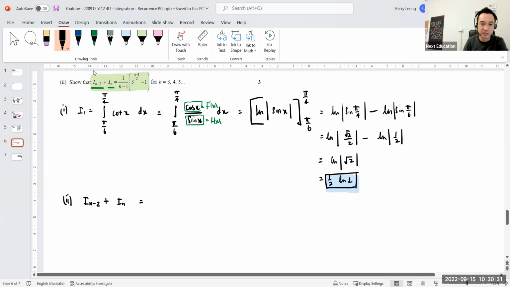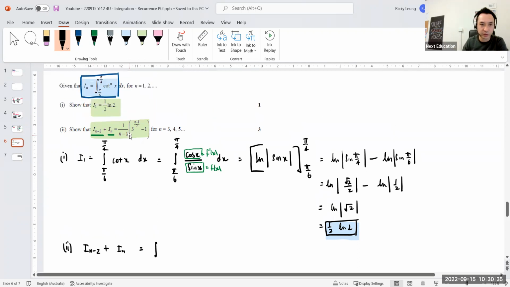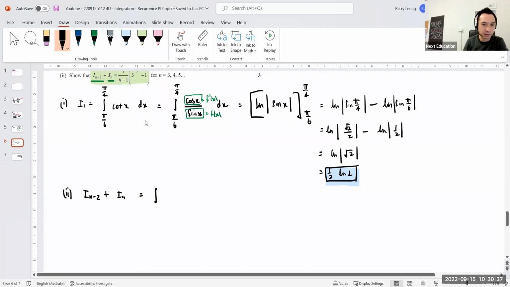My advice would be to firstly put in the integral version there. So go integral from pi on 6 to pi on 4 of cot^(n-2) x dx, minus, that's a bad n, that's n, and then the integral from pi on 6 to pi on 4 of cot^n x dx.